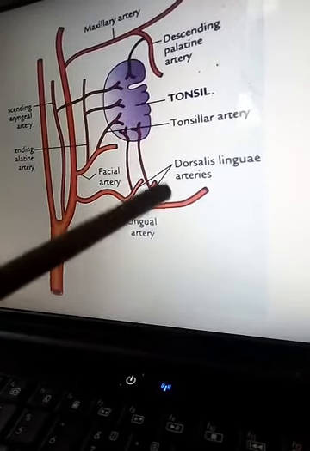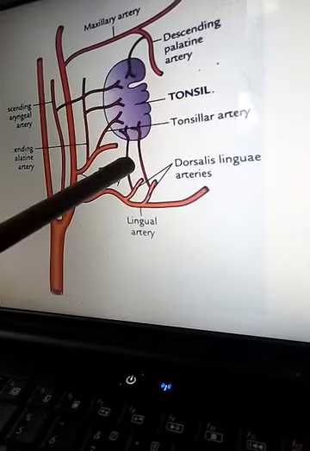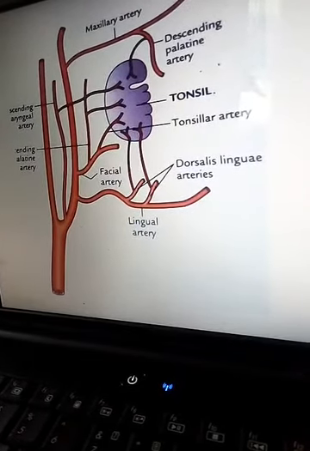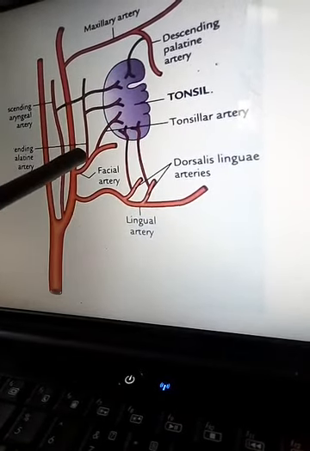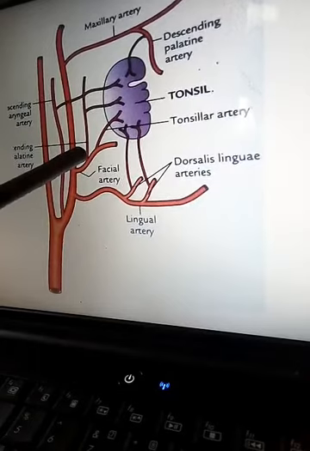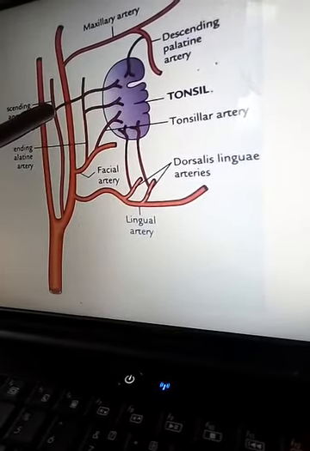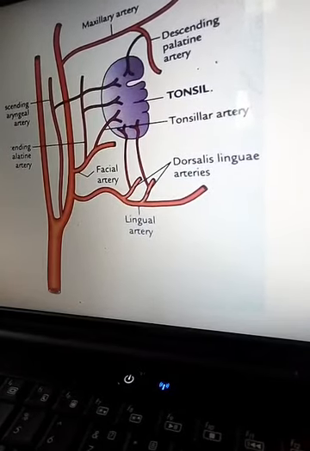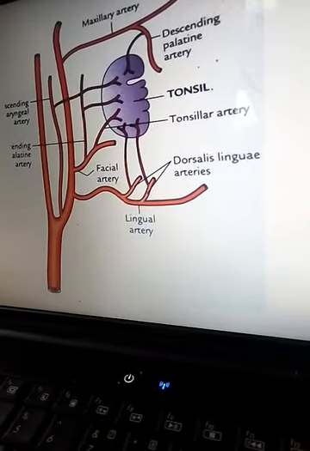Another is the dorsal lingual branches of the lingual artery. Another is the ascending palatine artery from the facial artery. Another is the ascending pharyngeal artery, a branch of the external carotid artery, and the greater palatine artery, the descending branch from the maxillary artery.